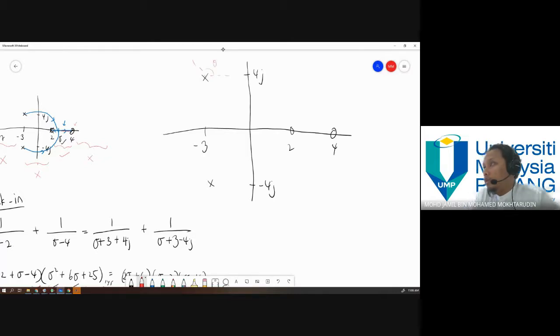First we need to measure this angle, theta 1, and then this angle, theta 2, and then we need this angle as well, which is 90 degrees, theta 3. So 3 angles to measure.